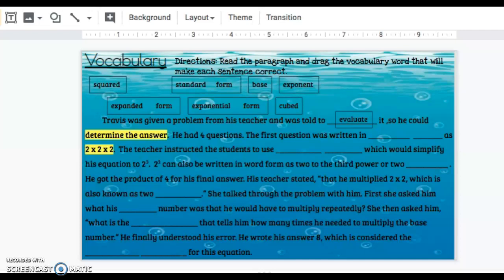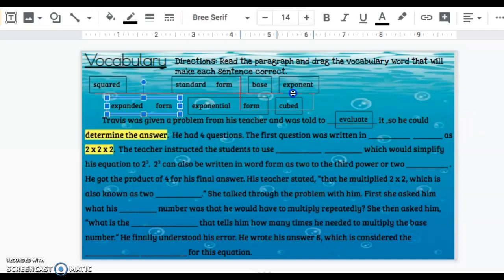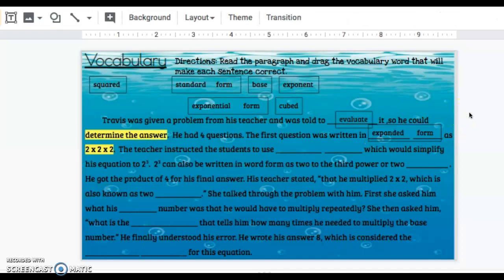So which one of those words tells us when we write the base as repeated multiplication? That's pretty much what 2 times 2 times 2 is. So that would be our expanded form. That's when we expand that exponent that has been given to us into longer repeated multiplication. So the first question was written in expanded form as 2 times 2 times 2.